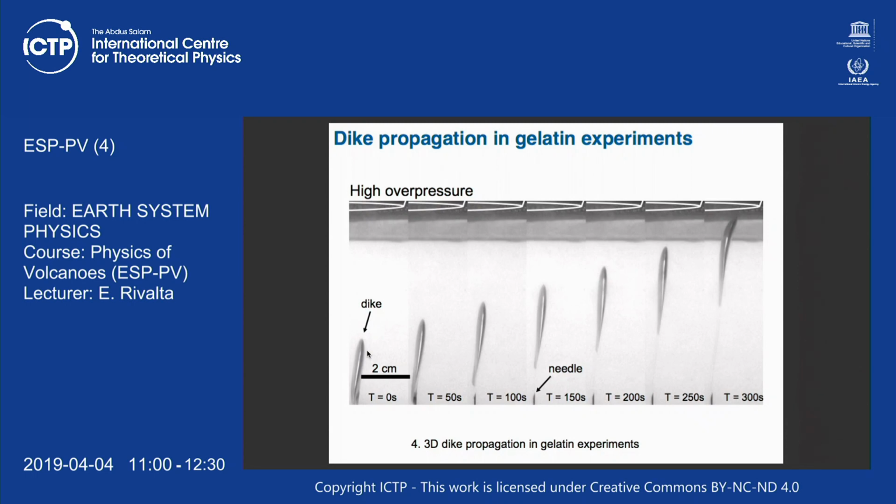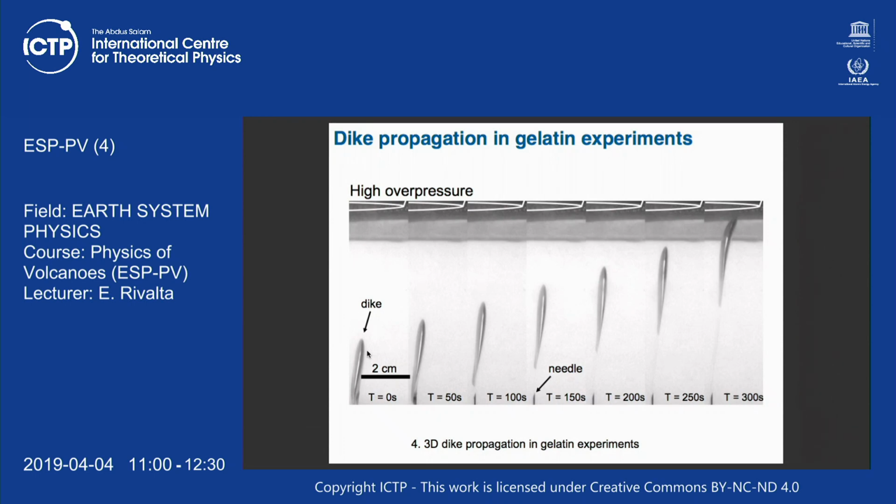Because actually it is a competition. I didn't see it very much in the model of the volcano with the dikes, but it is a competition between the buoyancy and the stress outside. If the dike is very, very buoyant, it has a lot of buoyancy force, then the stresses outside will have a smaller effect than if the dike is not very buoyant.